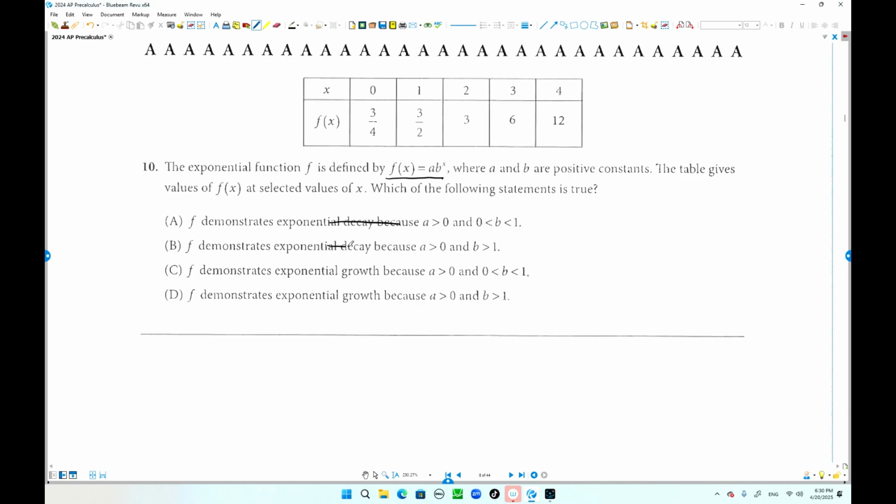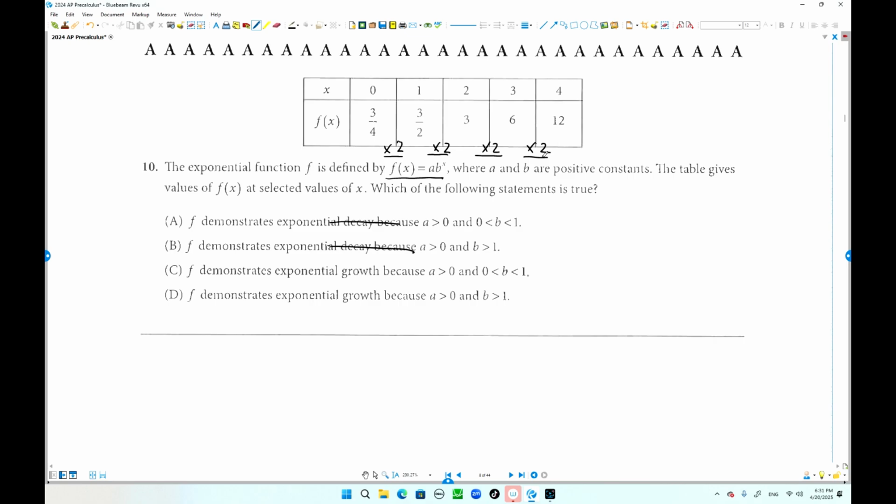That is wrong. It will be growth, and that is exponential. Exponential means there is some constant multiple. 4 times 2, right? From here to here, times 2 again. 3 times 2 is 6. 6 times 2 is 12. That is the definition of an exponential function.